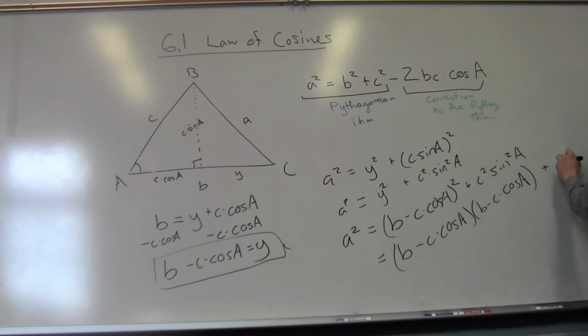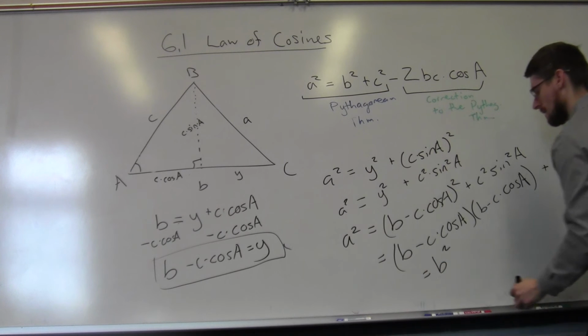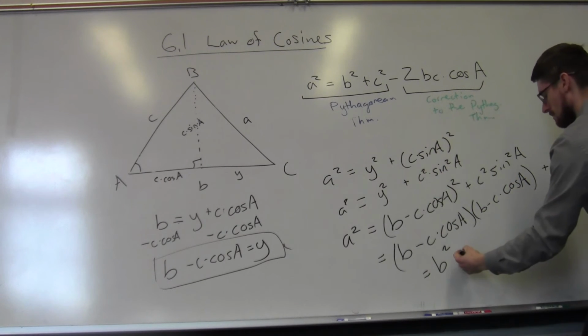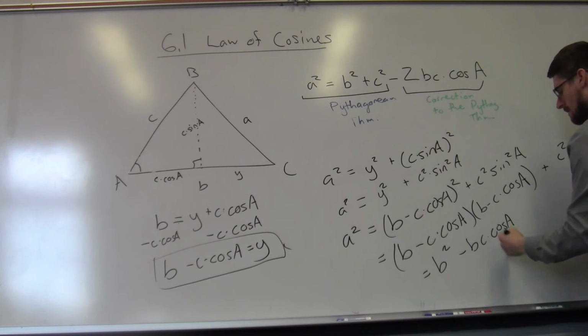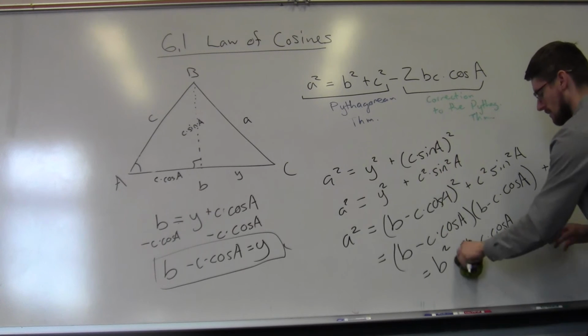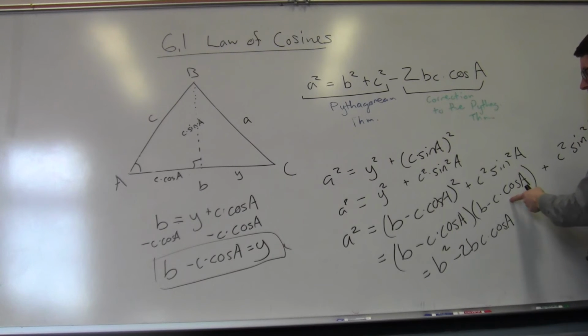Don't forget about this term over here, C squared sine squared A. So you get b times b is b squared. B times negative C cosine A is minus bC cosine A. And then another minus bC cosine A, so that is two of them. And then negative C cosine A times negative C cosine A is plus C squared cosine squared A.